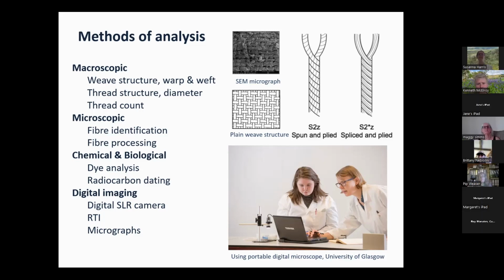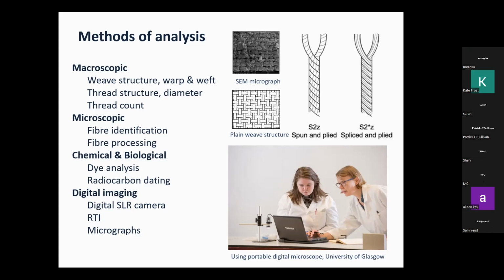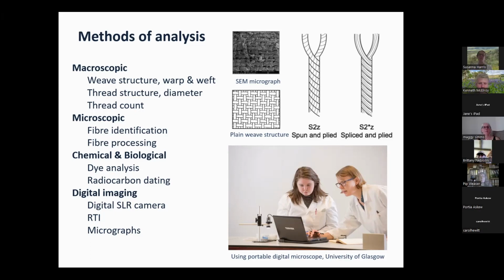If we then take this to the microscopic level, we're able to do different things. In particular with textiles, we'll be looking at fibres and trying to identify different fibres, looking at the cellular structure to understand whether it's a plant fibre or an animal fibre, and maybe elements of how that fibre has been processed and made into yarn. There are then all sorts of chemical and biological analyses we might do.